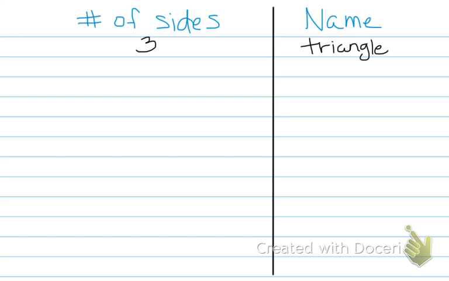Okay, how about a four-sided figure? I can draw a four-sided figure that's not a square or rectangle. Quadrilateral. Very good. Yeah, you want to give it the most general name possible. So the most general name here is a quadrilateral. How about a five-sided figure?